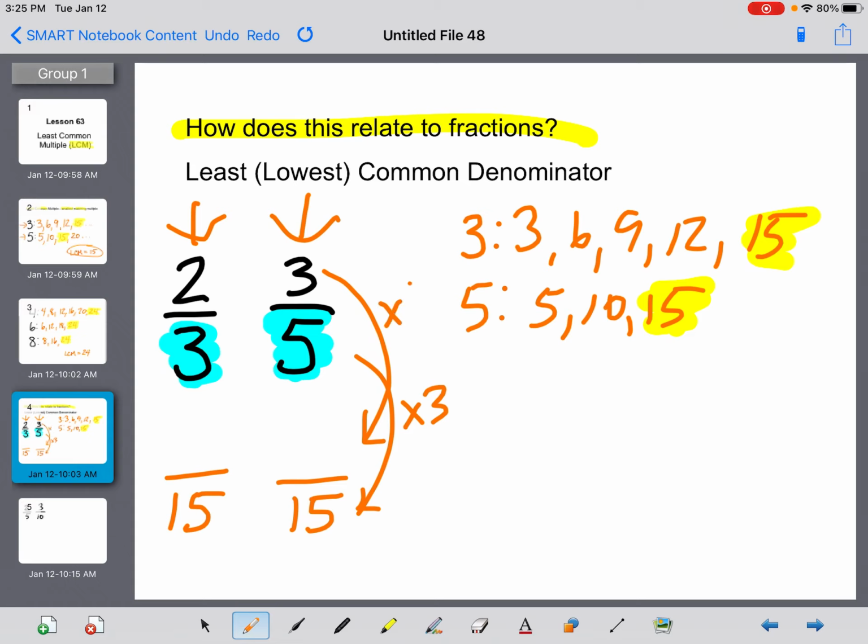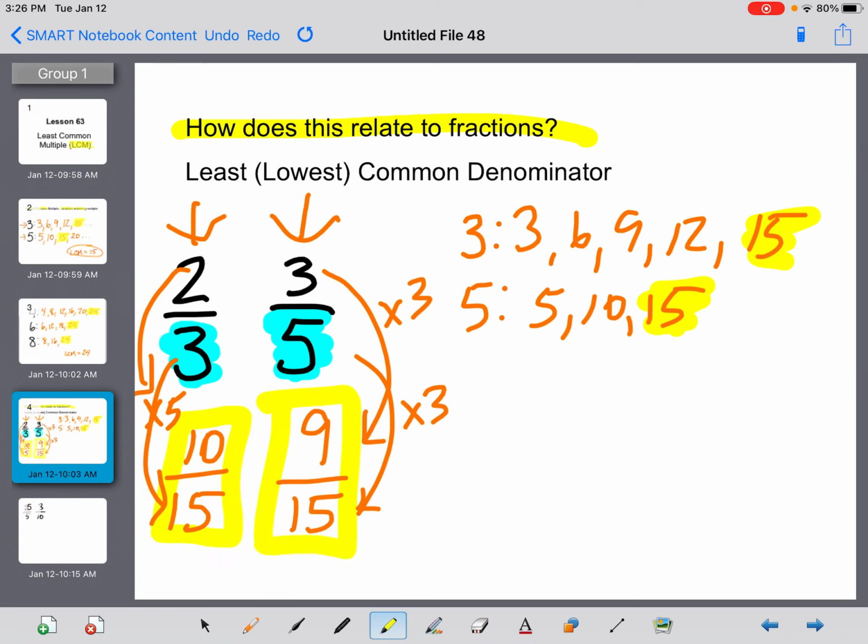So we have to do 3 times 3 as well to get a 9. And then for 2/3, 3 times 5 gets you a 15, which means we also have to do 2 times 5 to get a 10. So now we have equivalent fractions, but they have the same denominator. They have the lowest common denominator.